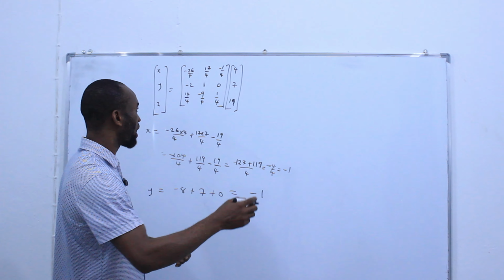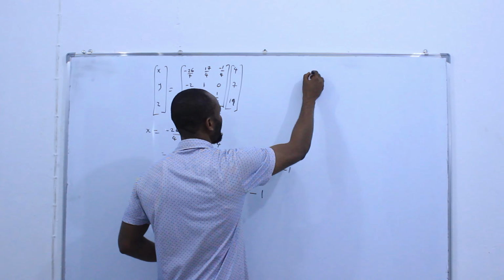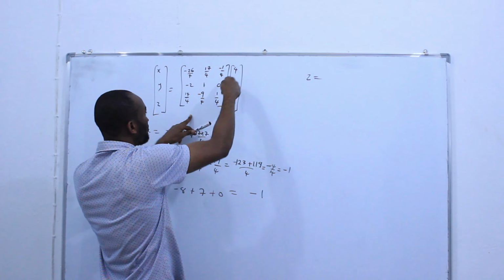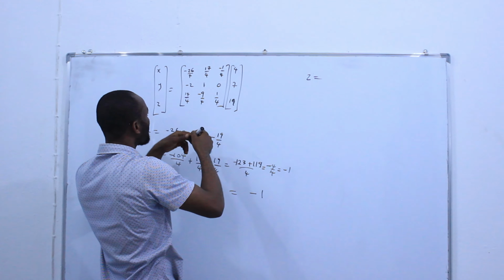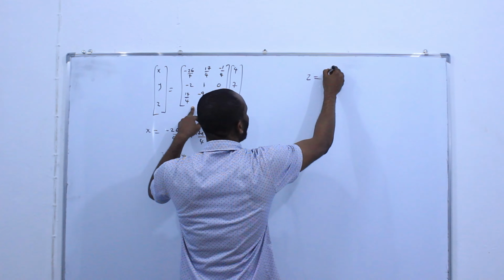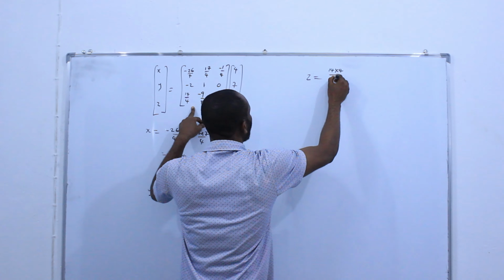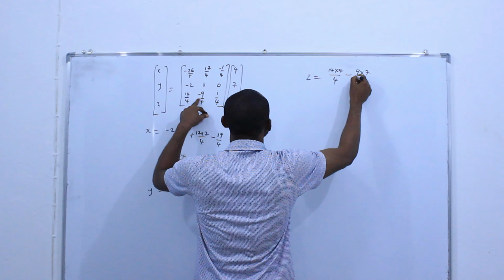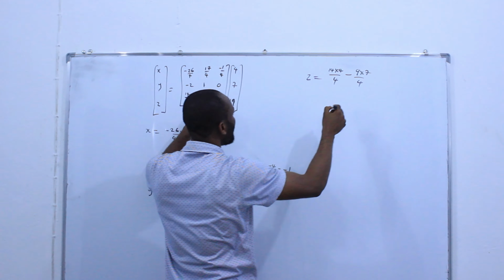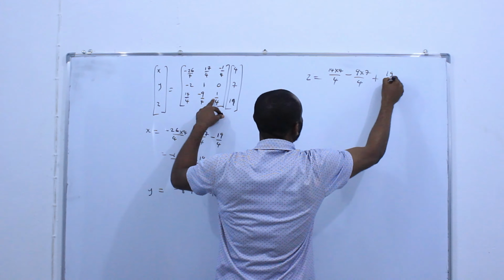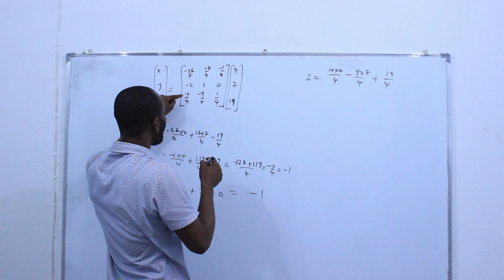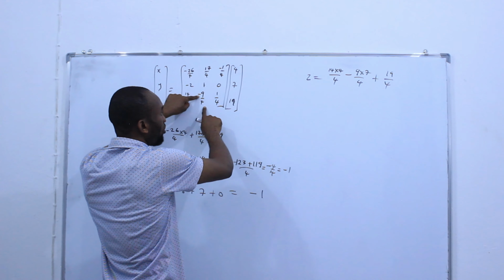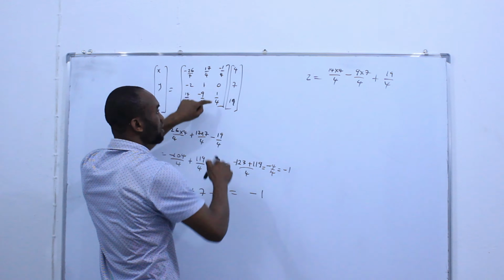So we now go ahead to find our z. Our z is gotten by multiplying this column vector with this row. That will give you 14 times 4 over 4, minus 9 times 7 over 4, plus 1 times 19, which is 19 over 4.